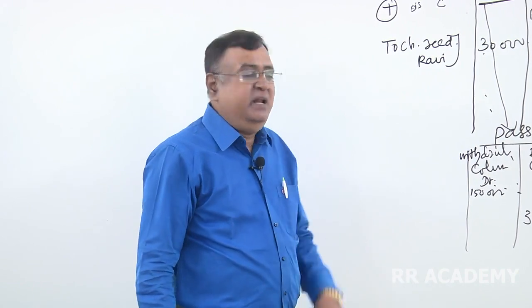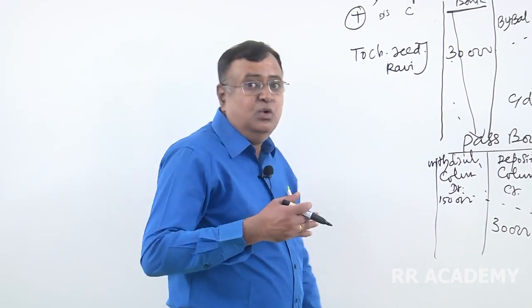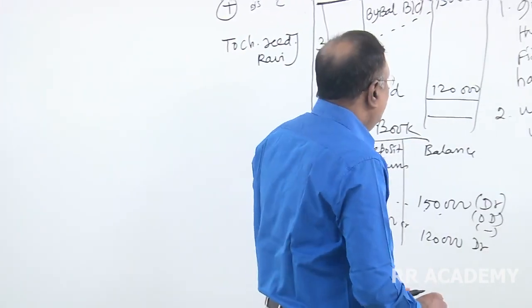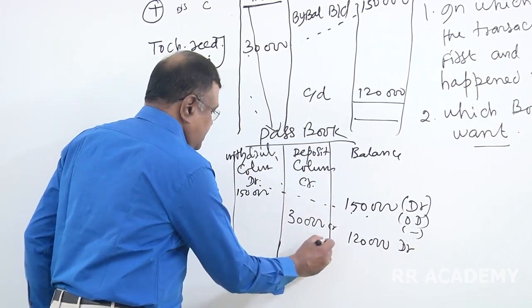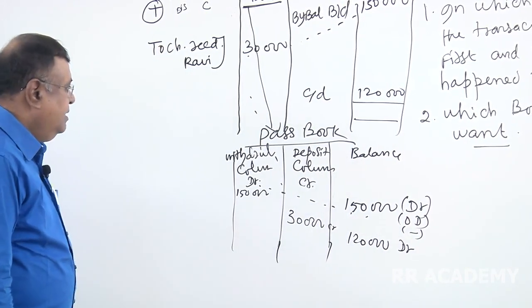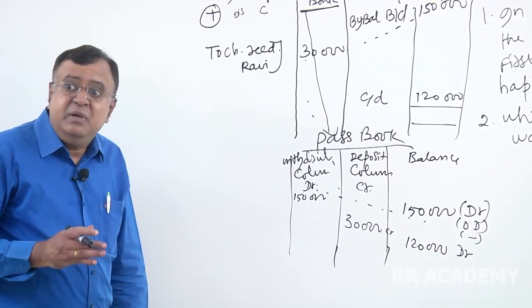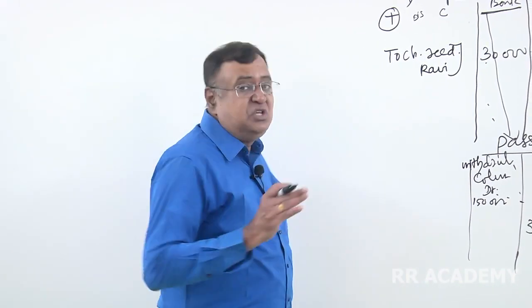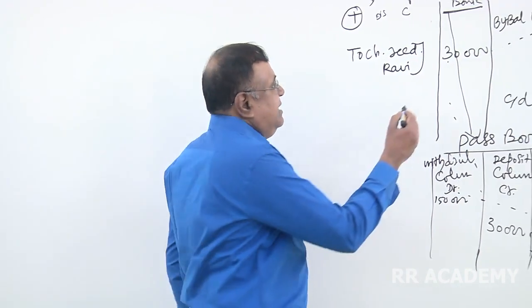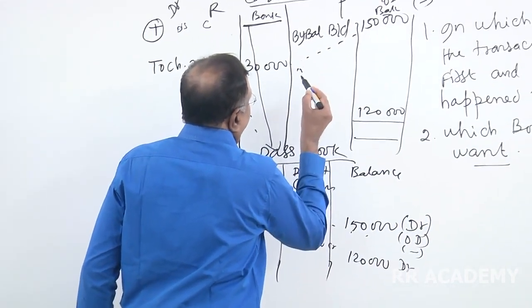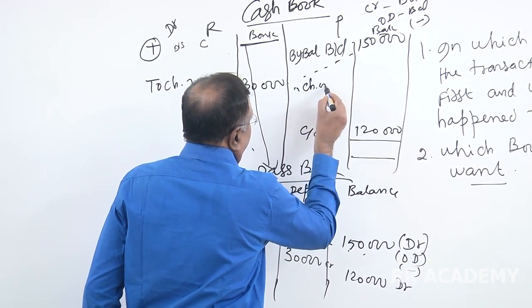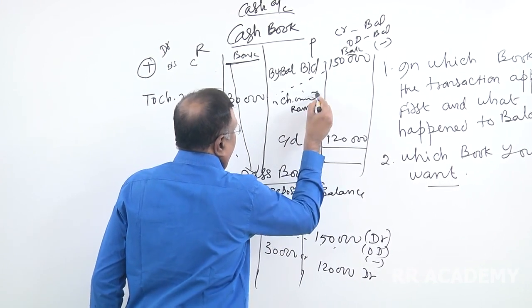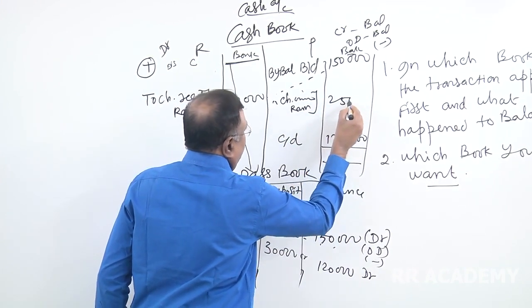Now, second explanation. When you withdraw more, now I will take it as 1,20,000. Fine. Now, I am issuing a check to a customer. When I issue a check to the customer, I will write here, by check issued to Ram, 25,000.